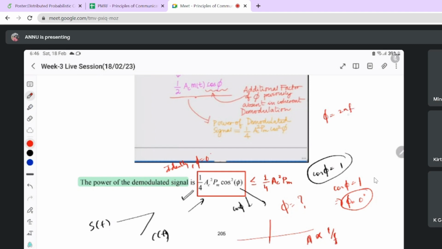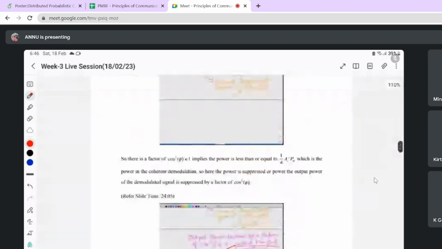So phi is directly proportional to f. If you want the phi to be less, then you can add more power to the amplitude side and less power to this one, and you can have less power of the demodulated signal. And this is the practical real life scenario, like how you optimize it.